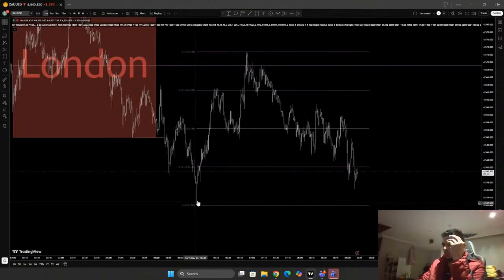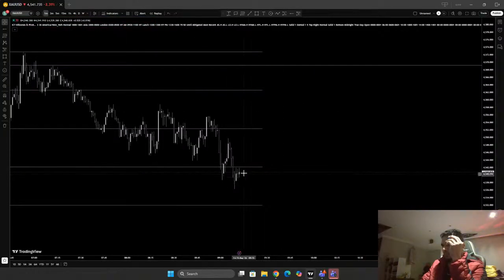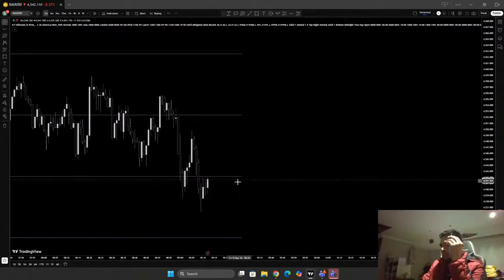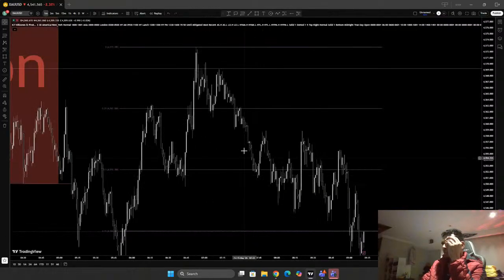If this leave this liquidity and respecting this level, like to this week, and if this gives this inversion, if we get this inversion, we can go bullish and we could target this high.